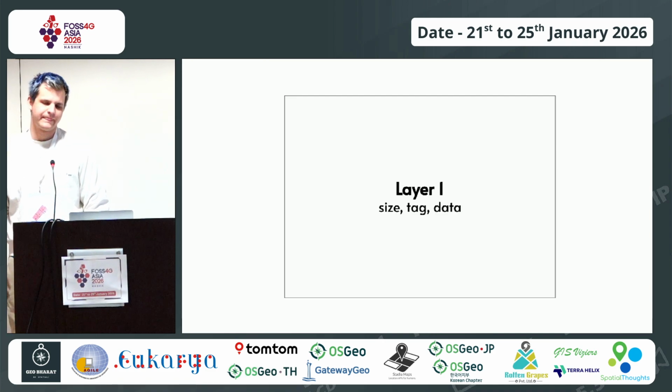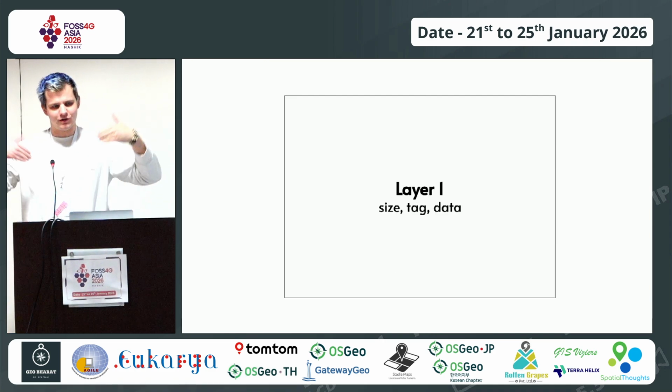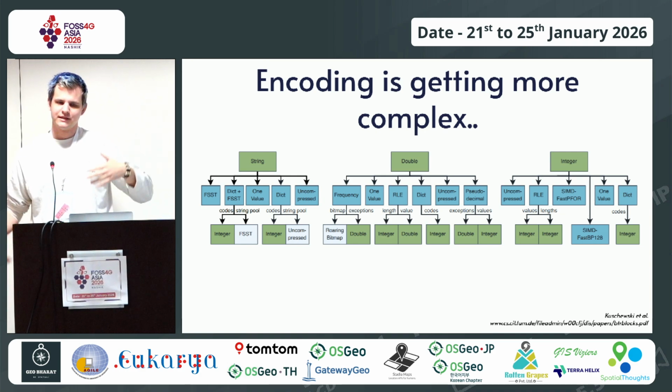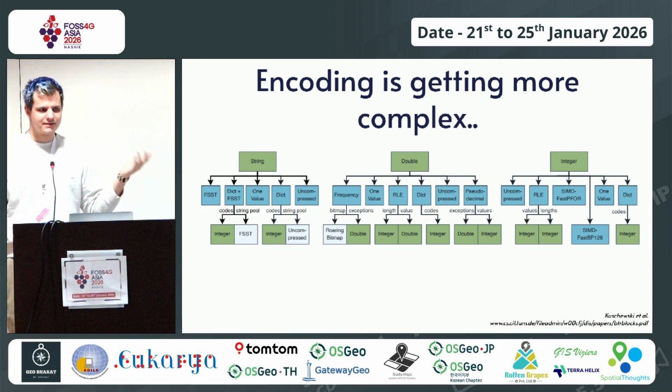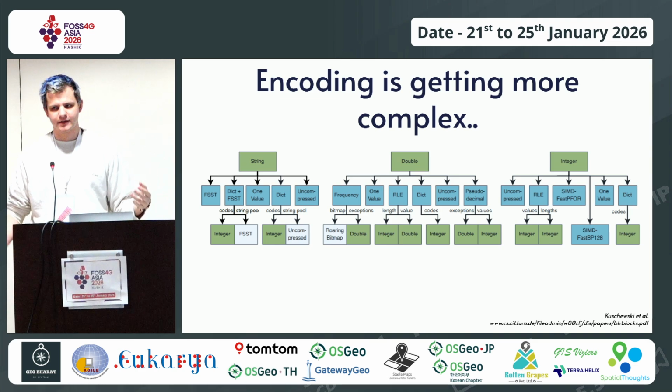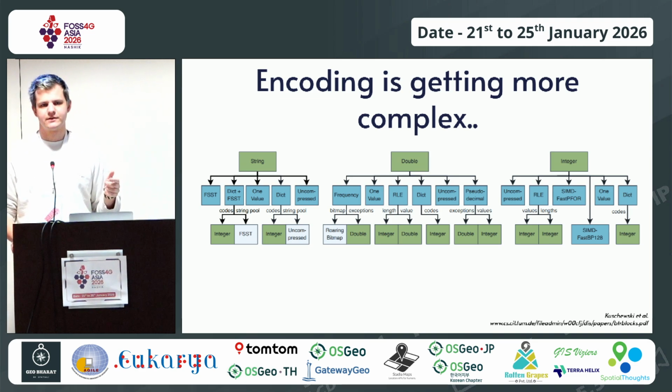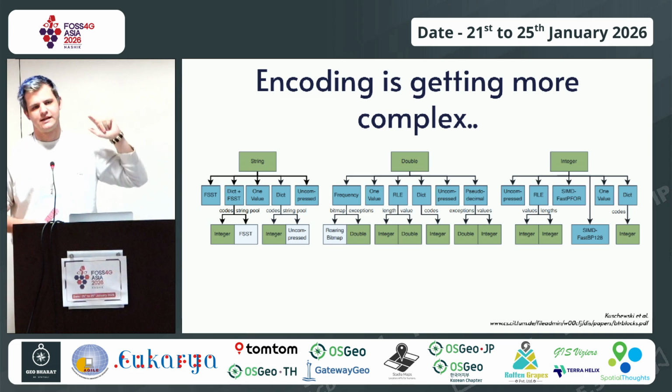So let's dive a bit into one of these layers and talk a bit about encodings. You likely all know gzip and zstandard, these heavyweight encodings, but those don't work for us. They don't work for us because they are very heavy in terms of how much compute I need to do to get one bit out of them.